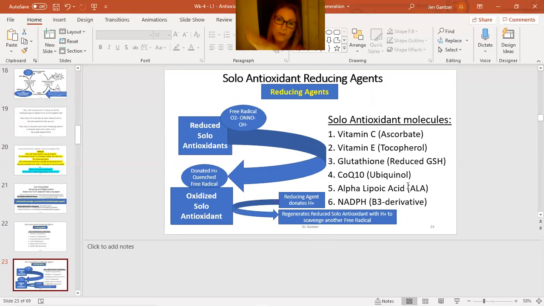So there are certain ones that prefer each other, and we'll learn those. However, the overall concept is our solo antioxidants quench free radicals and go scavenge free radicals, and they quiet down and deal with and prevent or fight oxidative stress. However, they too need to be reduced, and they also act as reducing agents to recycle and regenerate themselves and their category of solo antioxidants.